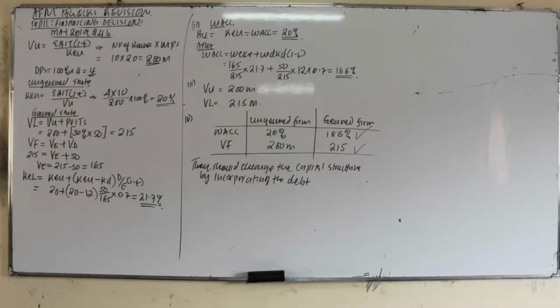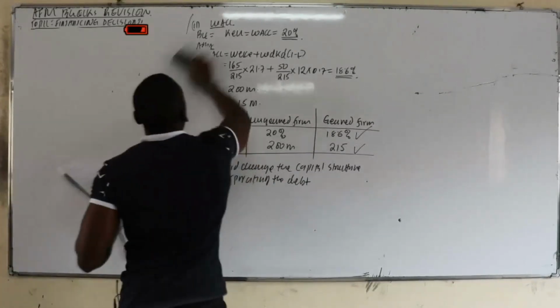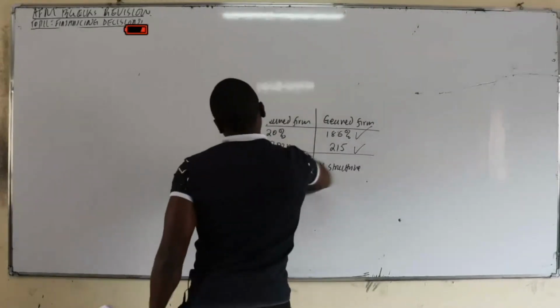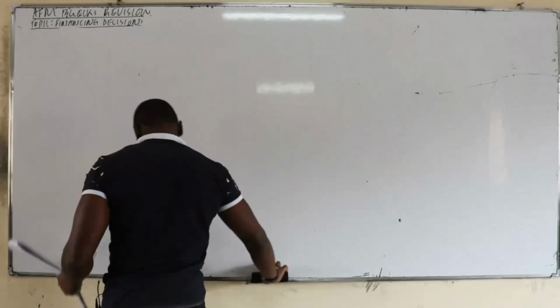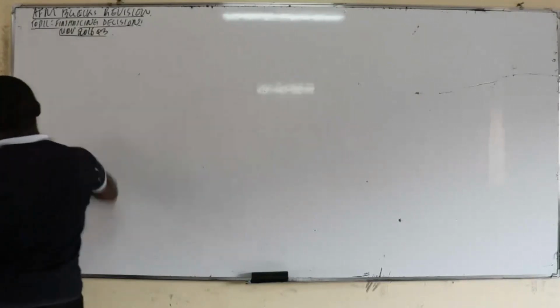November 2016, question 3. Part A of the question: explain the assumptions of the traditional theory of capital structure.